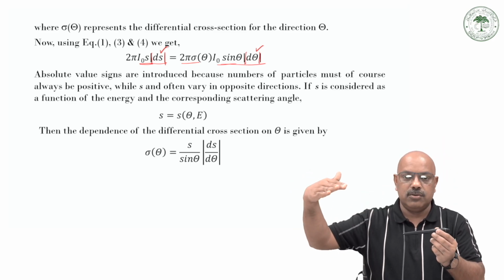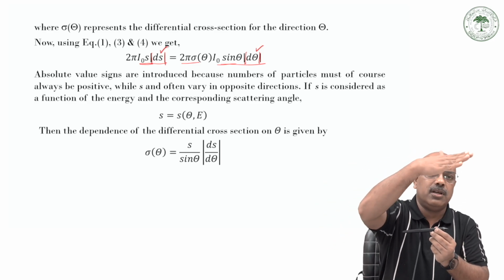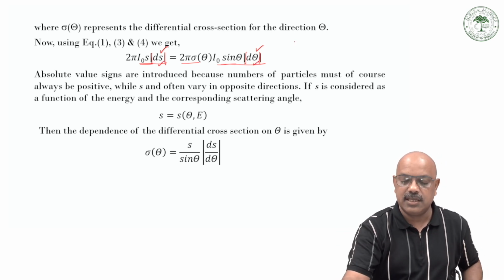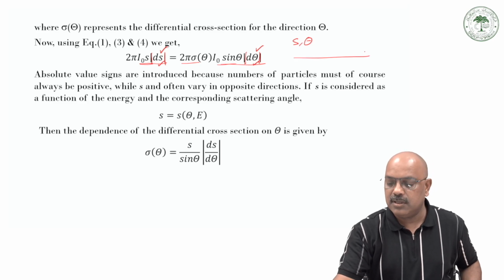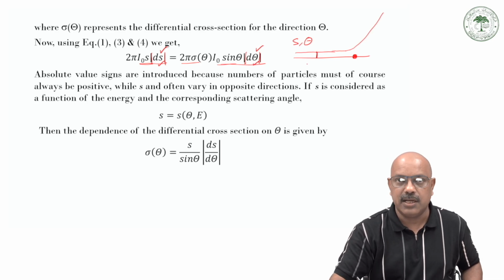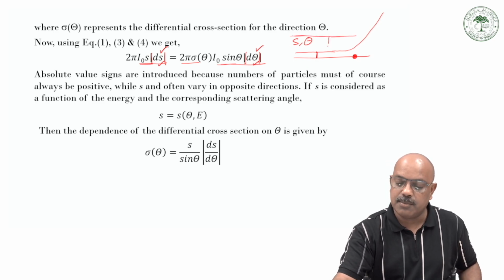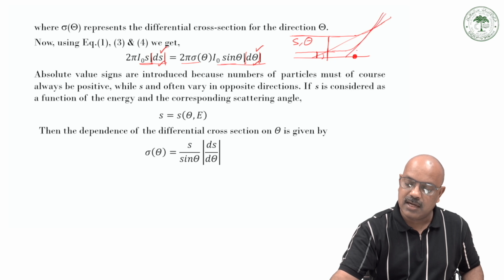And if the particle is coming from far away, the impact parameter, the perpendicular distance from this force center, is large, so it is going to be less deflected. So the scattering angle and s are related.